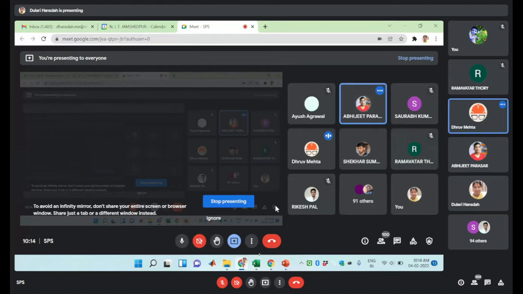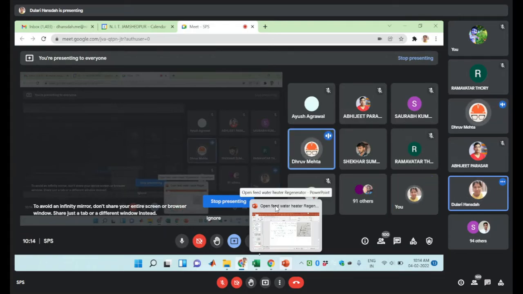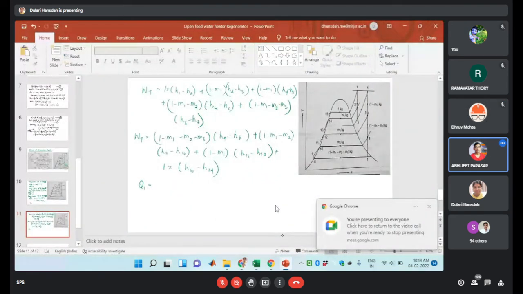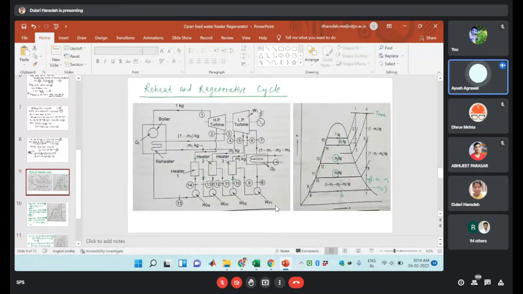H1 minus H15, right? Or any other thing? Ma'am, H1 minus H8 plus H4 minus H3. Right, here reheating is happening in the reheater. So where is the reheating process? It is the 3 to 4 process, where the steam is reheated and heat addition takes place. So in this portion also heat is added. Q supplied, and in this case Q supplied.